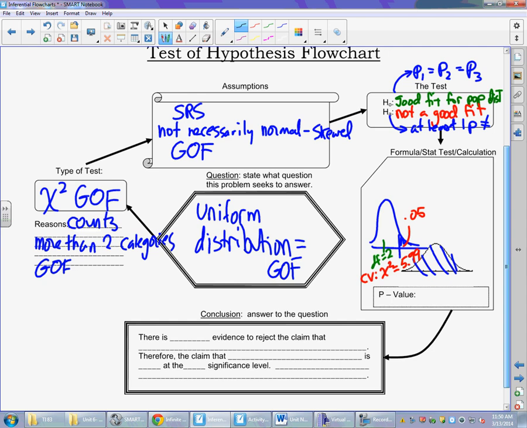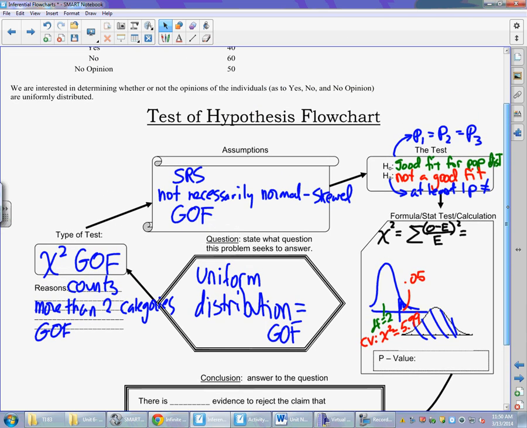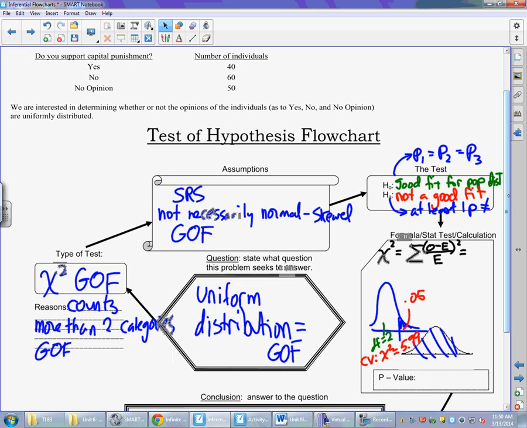Now our test statistic chi-square would be the sum of O minus E squared divided by E. And for that, we go to the calculator. 5.99 is what it's supposed to be. My handwriting is awful.